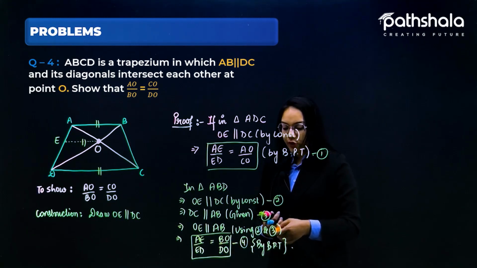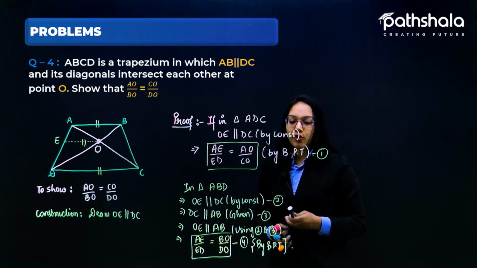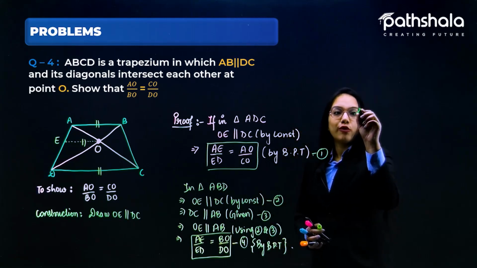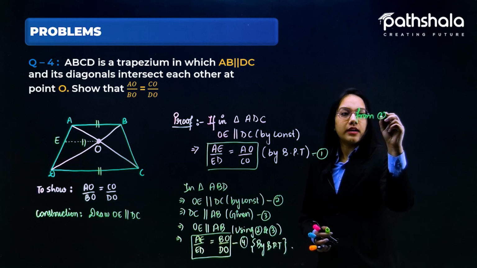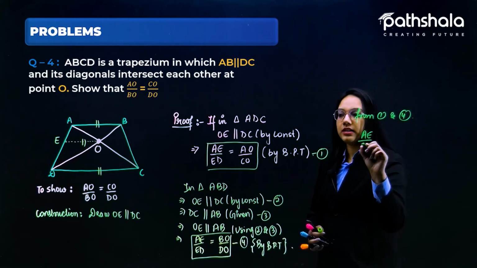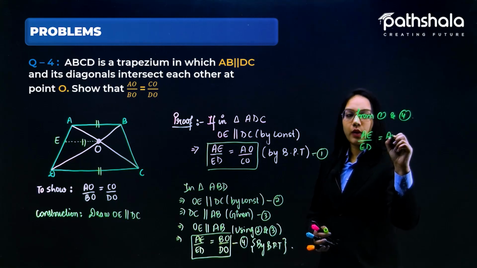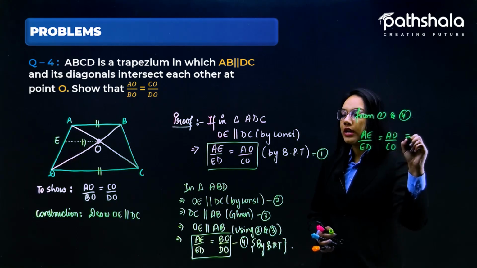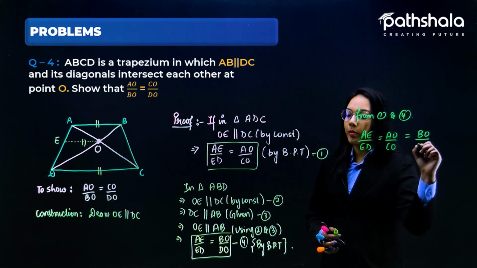Again, from equation number 1 and equation number 4, we can say that AE by ED is equal to AO by CO, and further it is equal to BO by DO.